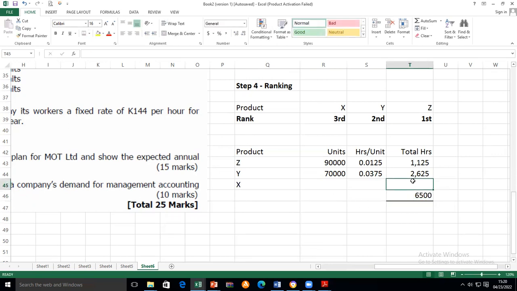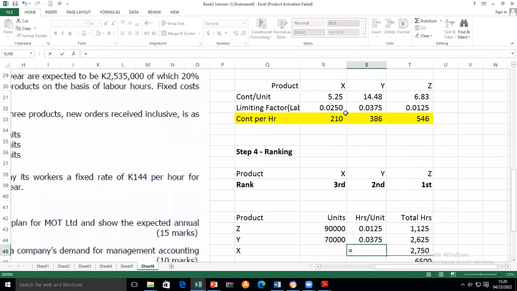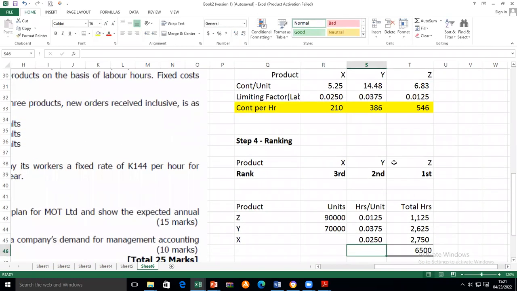How much has remained from there? How much has remained? 65 minus that, minus that. How many per unit? Per unit, that's what you need.